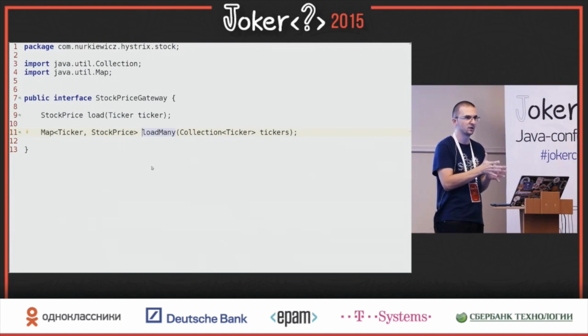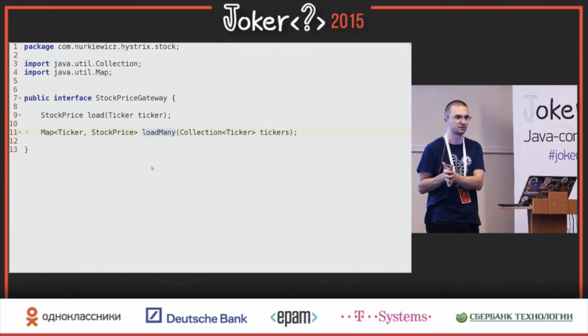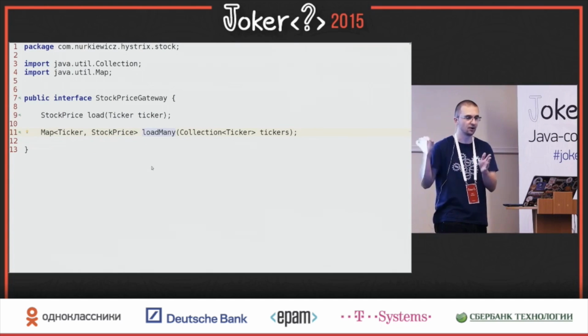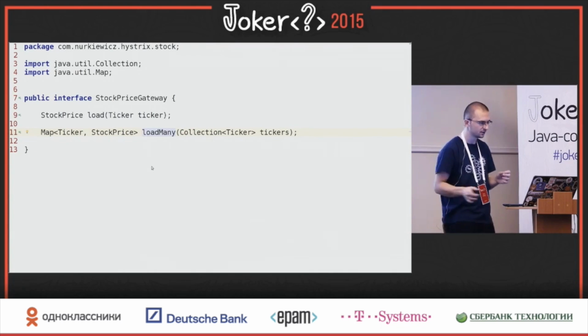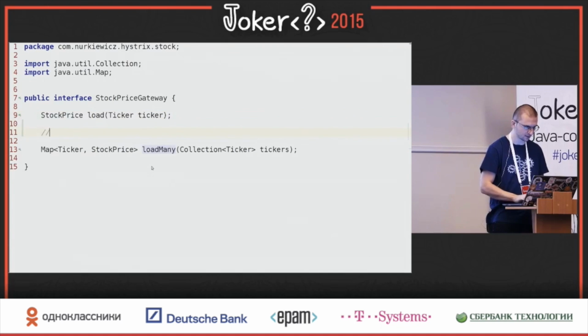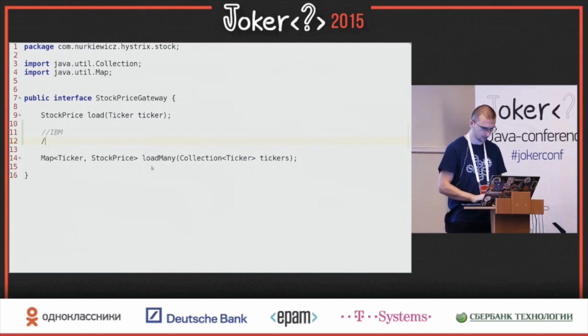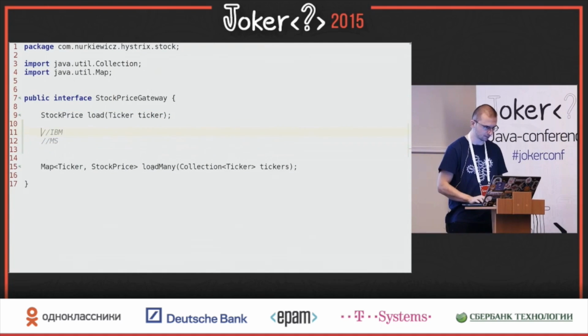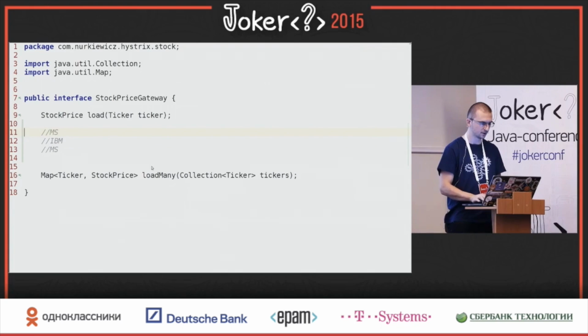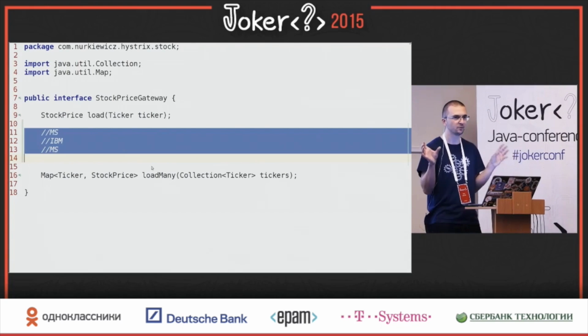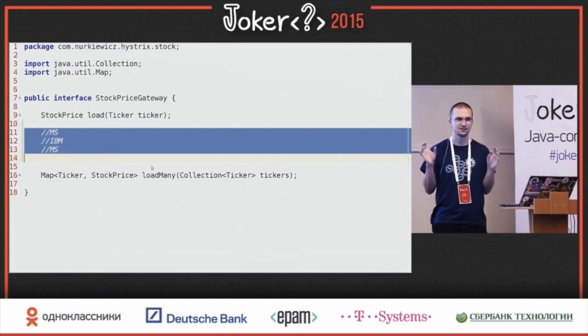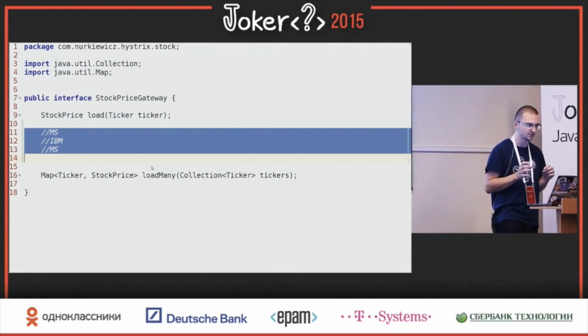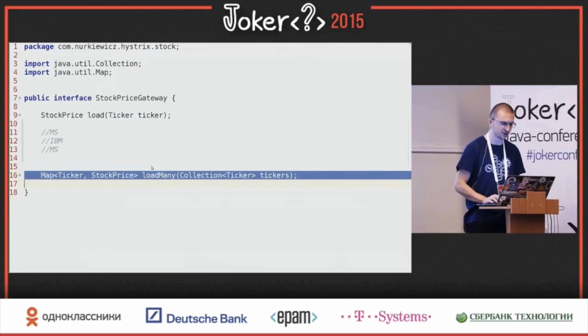One is asking for IBM, and the second one is asking for Microsoft. Oh, and there's a third request that is also asking for Microsoft. So the situation is that we want to ask for IBM, Microsoft, and Microsoft as well. So three concurrent requests occurring at the exact same moment in time. What's going to happen? So it would be nice to batch them.